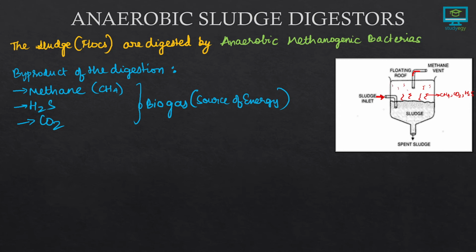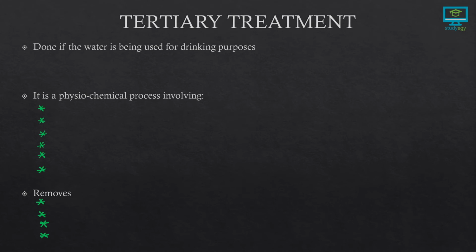The remaining sludge, which is waste, is sent through an outlet and is mostly used as fertilizer in some cases, or it is directly disposed. If the water is to be used for drinking purposes, then we take it through a tertiary treatment as well. If not, then we send the water directly to the water bodies after the secondary treatment itself.